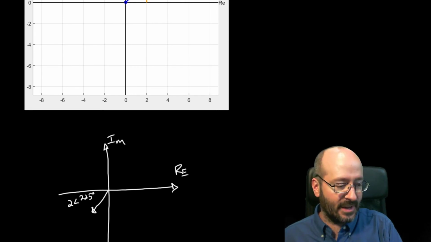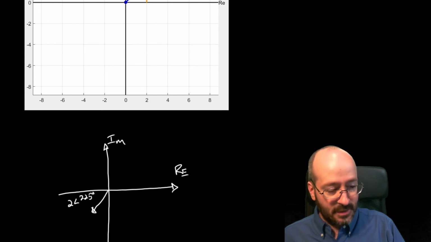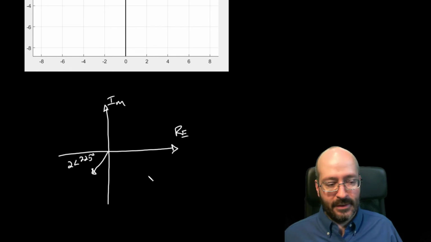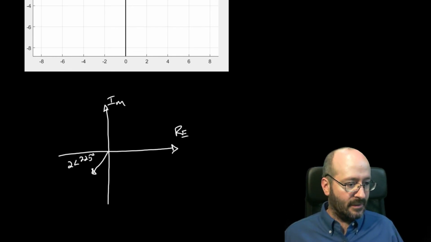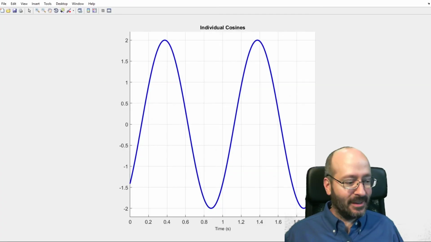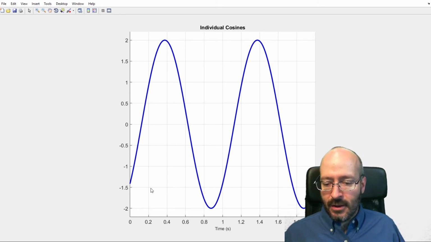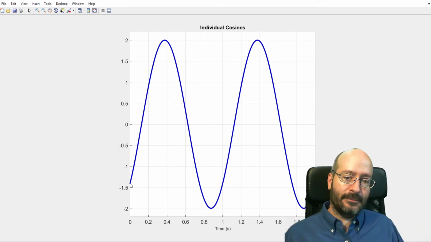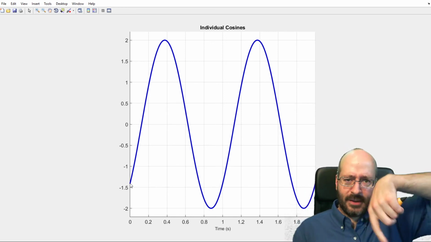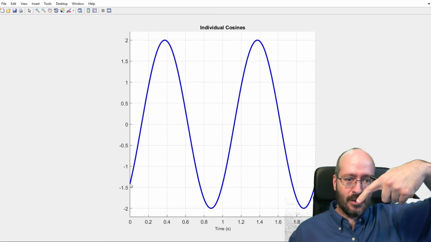Okay, and we can easily make this representation do that for us. We'll leave it spinning at 2 pi radians per second. 225. So let me set that up, and with any luck, I'll do it right this time. Okay, so there's 2 at an angle of 225. Well, it starts at a negative number now, right? It's at 225, so I hope this ends up being the right way for you, but it's down here.